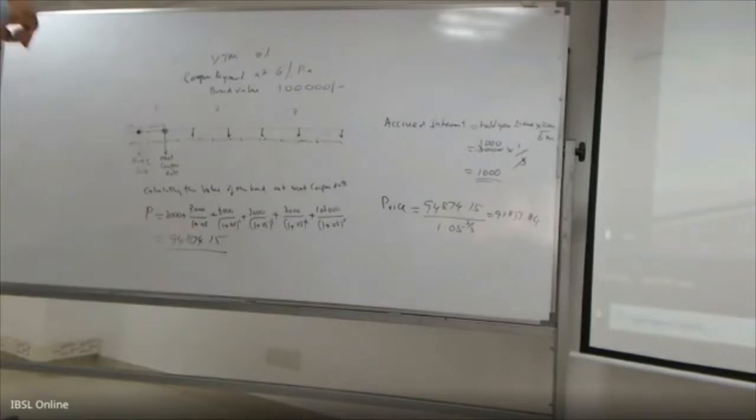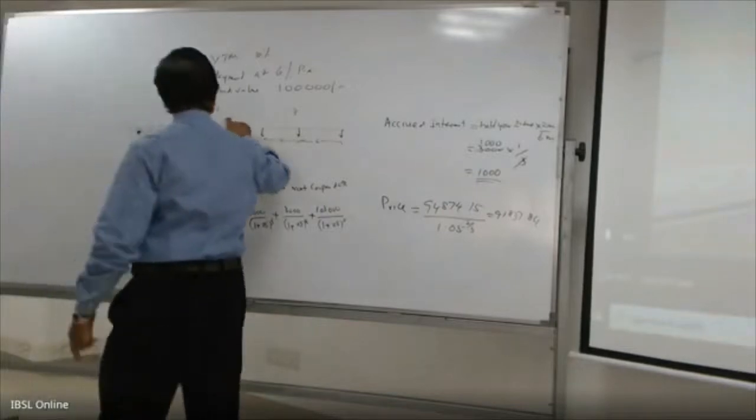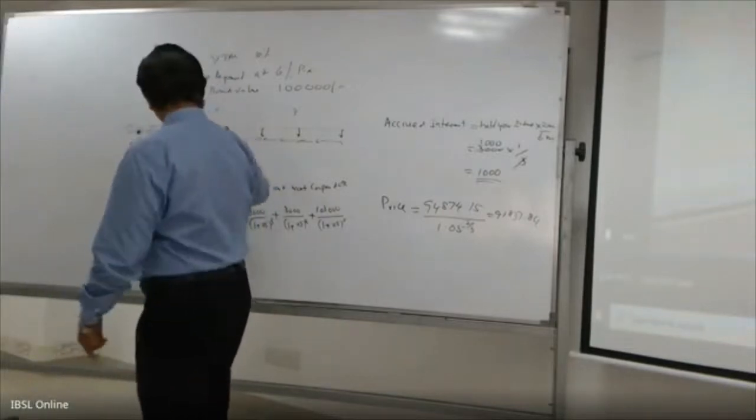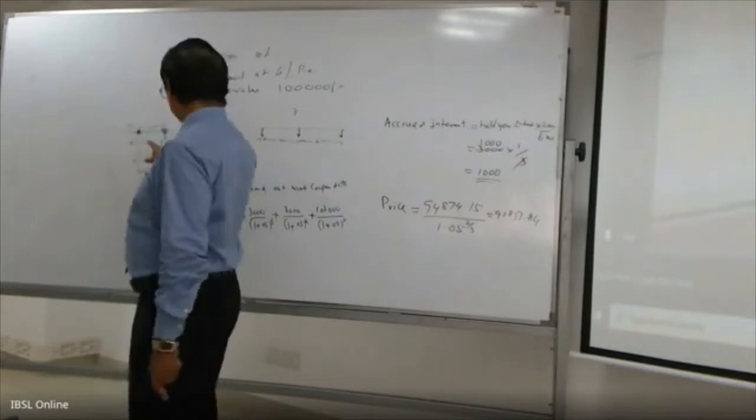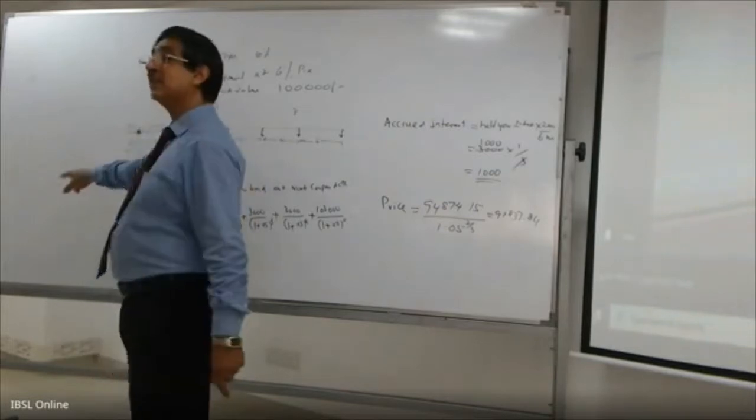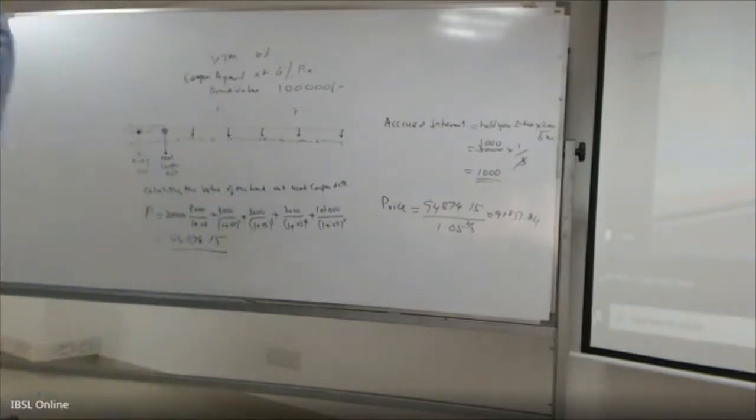Then the next one would be 2 plus 2 over 3, which is 8 over 3. Likewise you can do it. If you do the things that way, you will get the same answer. So that's a good way of doing it.